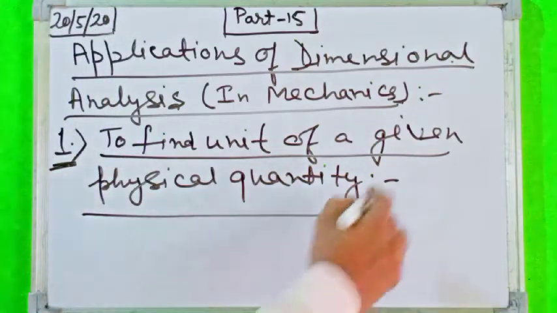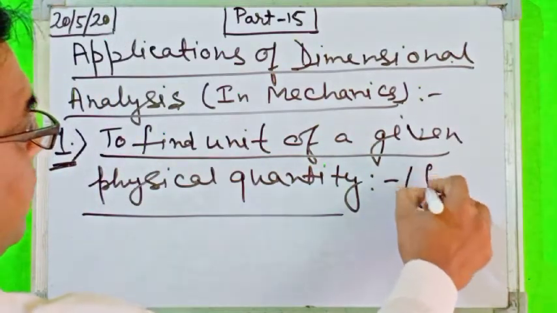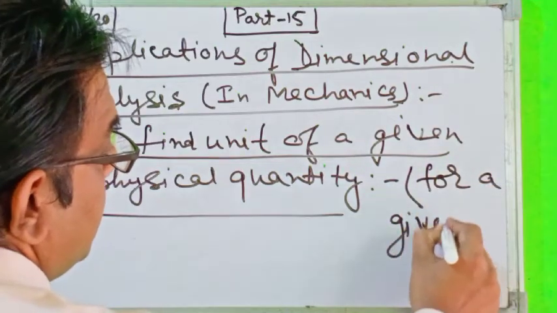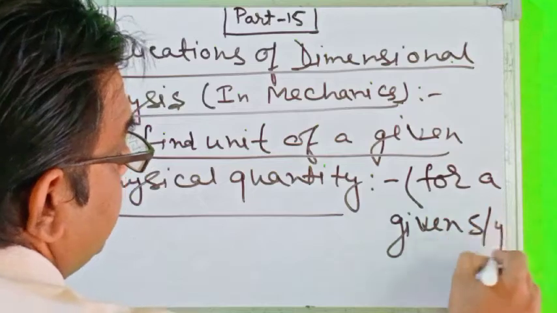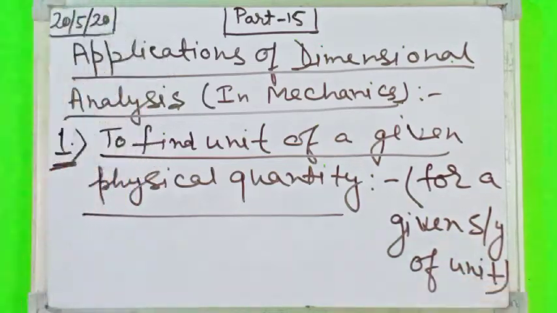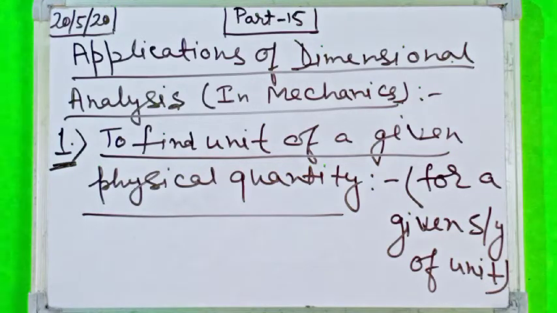It is for a given system of units. For a given system of units, with the help of dimensional analysis, we find the unit of a given physical quantity.